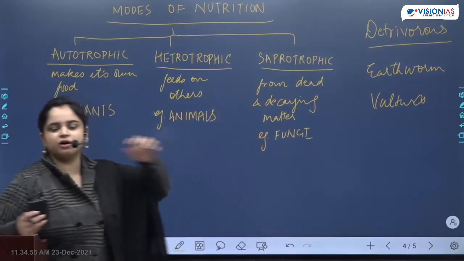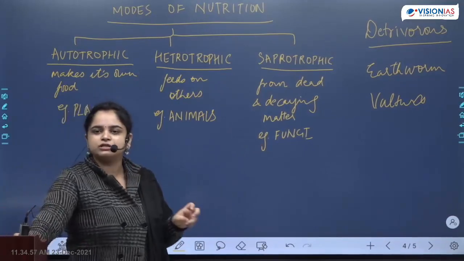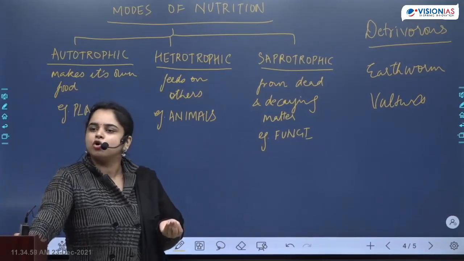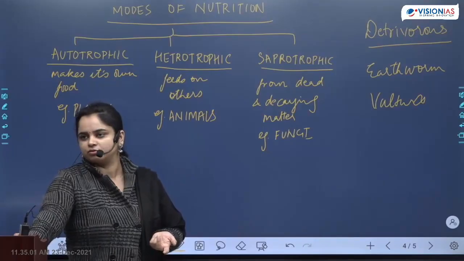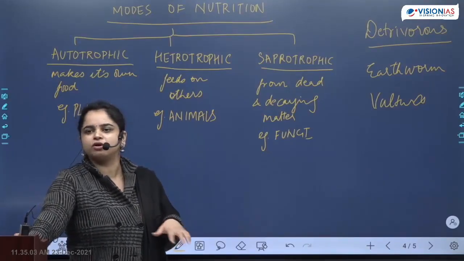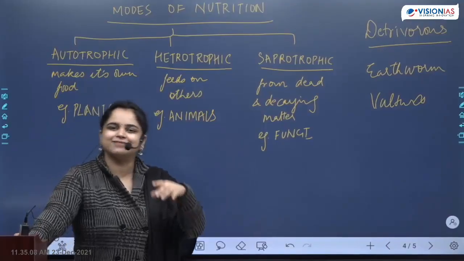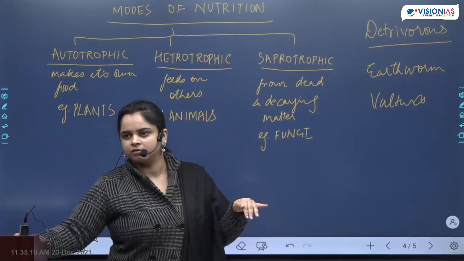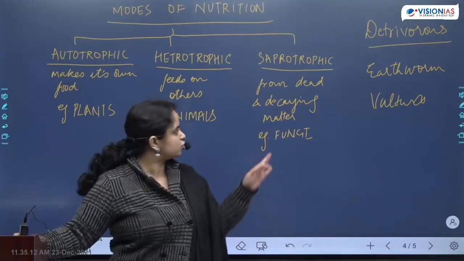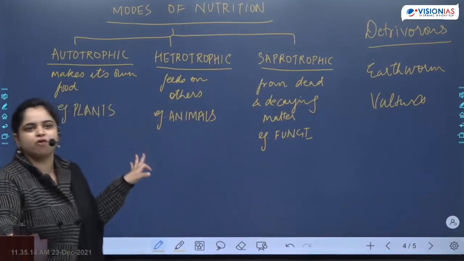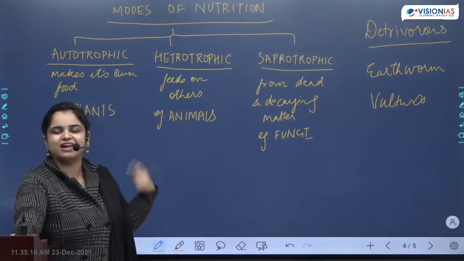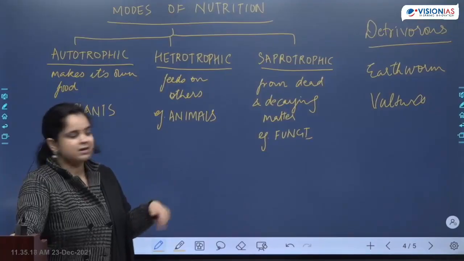Vulture or earthworm or any other detrivorous animal is going to eat it just like normal food and then break it down in the body just like everybody else. The stomach, the digestive enzyme, that process remains the same. So it is going to be a heterotrophic mode of nutrition only.